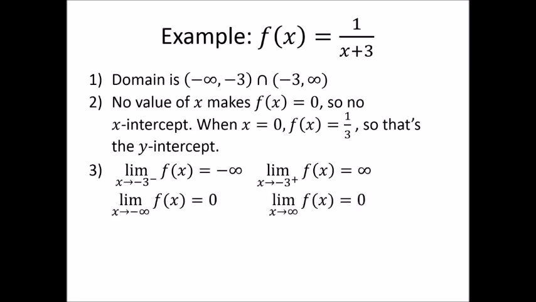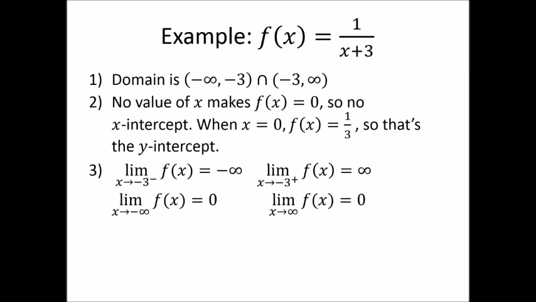We look for any horizontal asymptotes by checking the limit as x approaches negative infinity and positive infinity. If you imagine plugging negative infinity into the function, this function approaches 0 as the denominator gets super huge.